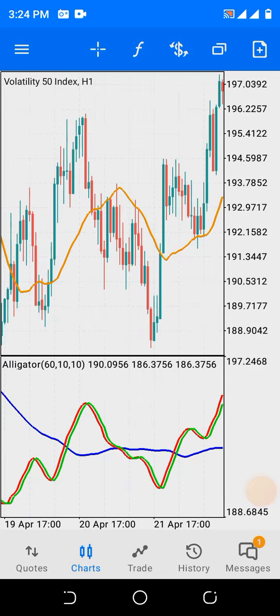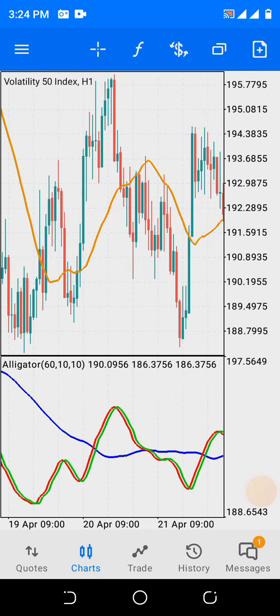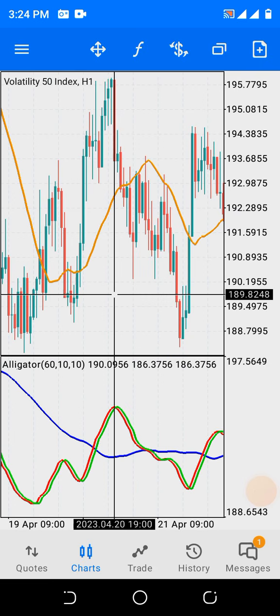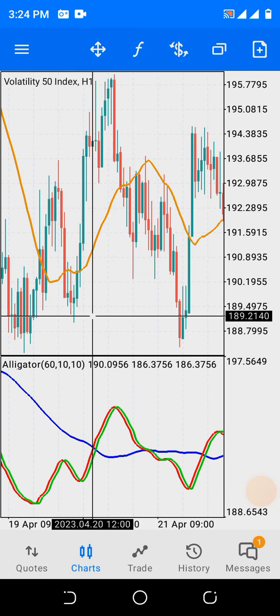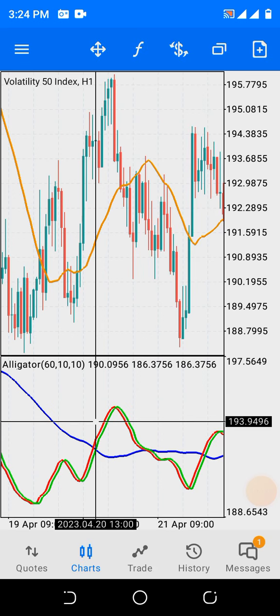Now watch here. Anywhere the correction occurs and you observe that the candlesticks are far away from the moving average, that is not a good trade for you. It only shows that the market is about to enter a range. Like in this case, look at where the correction occurs here.